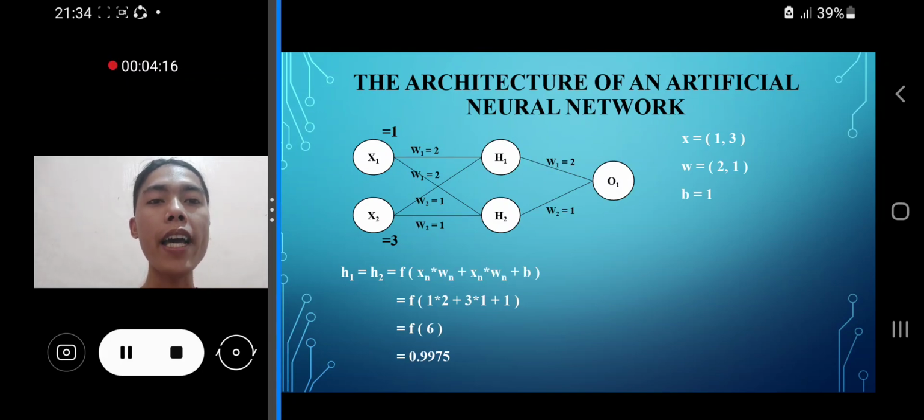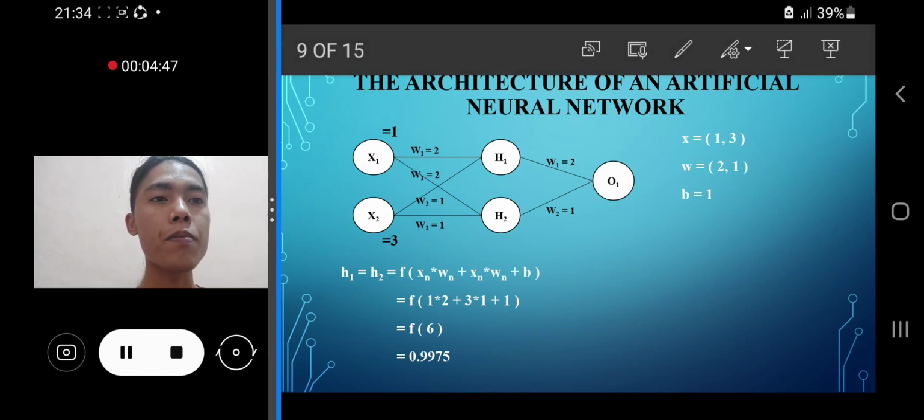So the value of x1 is 1 times the value of weight 1, which is 2, while the value of x2 is 3 times the value of weight 2, which is 1, plus the bias. So the function is the function of 6. And then after the computation, it results in 0.9975. So we already computed this and this.